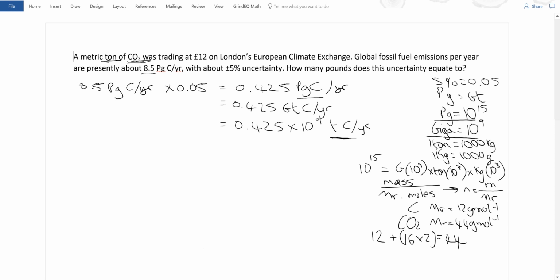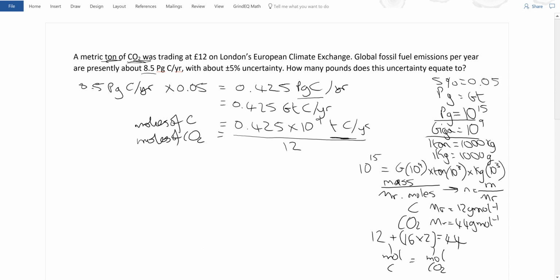So at the moment I have the answer in the form of mass, and I want to convert this into moles, so I have to divide this by the molar mass of carbon, which is 12, and that will give me moles of carbon. And I also know that 1 mole of carbon is equal to 1 mole of carbon dioxide, so I know this is also equal to moles of carbon dioxide.